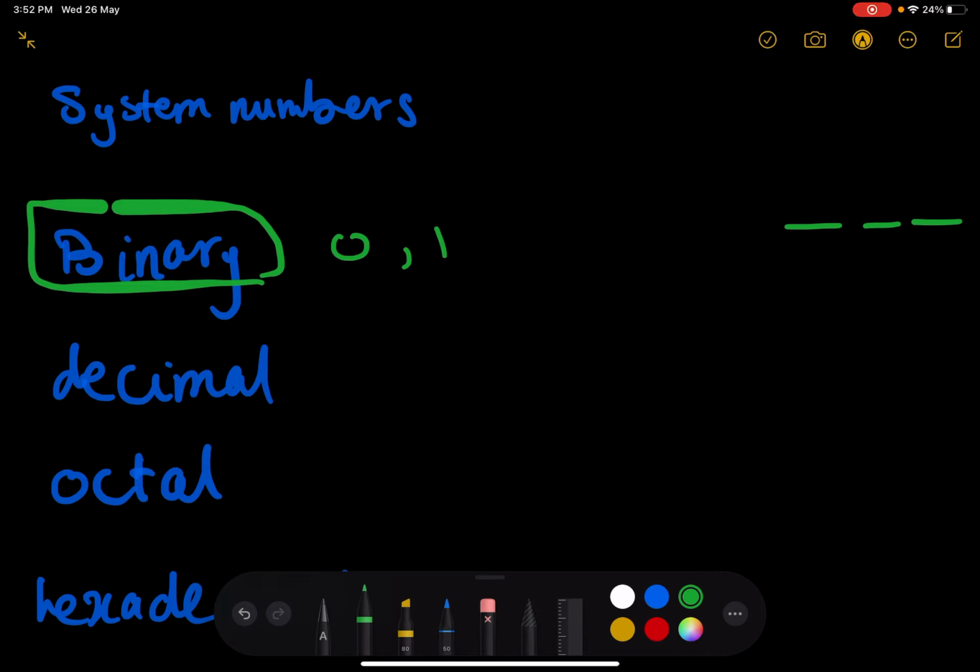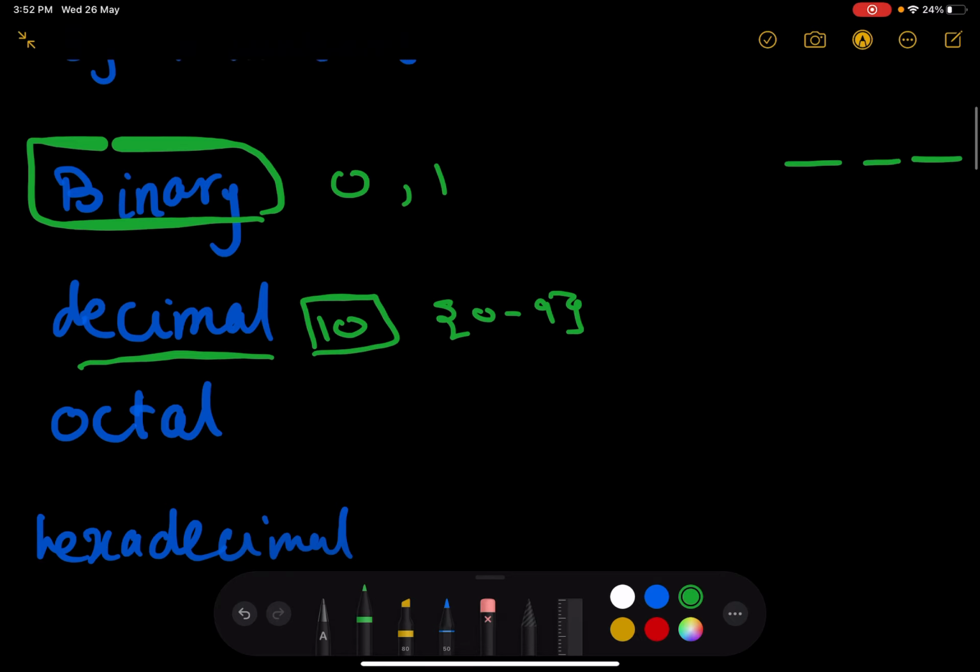The second system is decimal, and decimal means 10. In this system we only have from 0 up to 9 to represent any number. And octal means 8, so we have 8 numbers to represent any other numbers, starting from 0 up to 7.